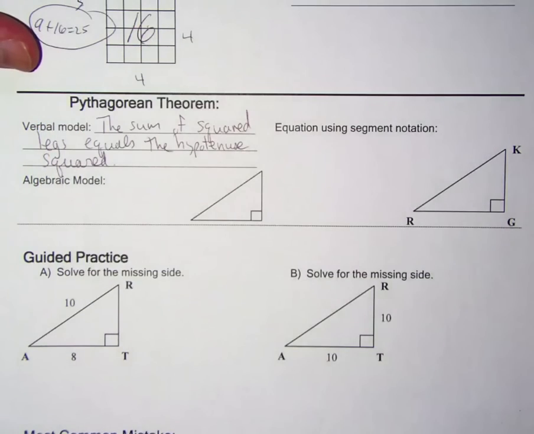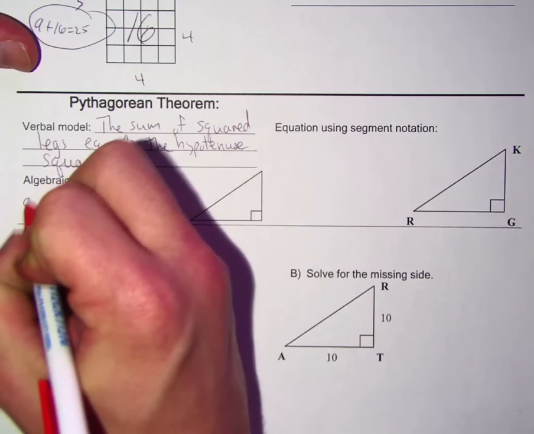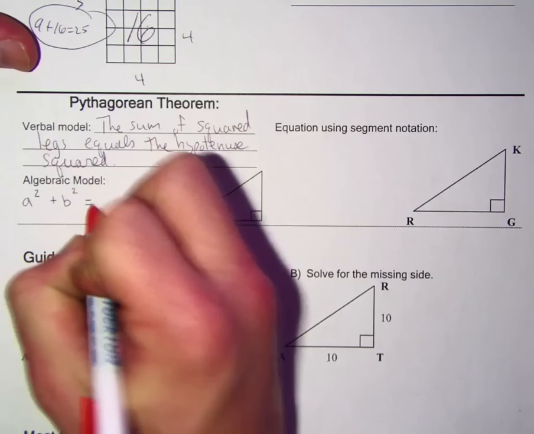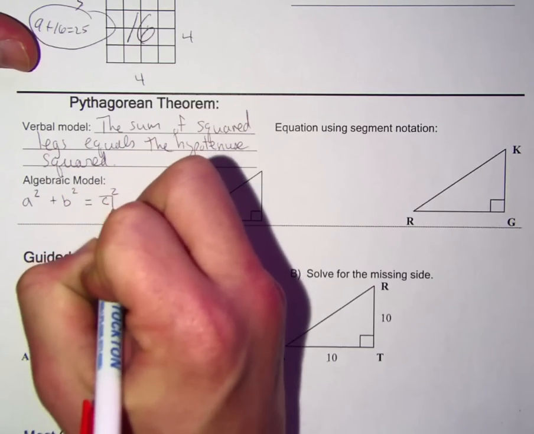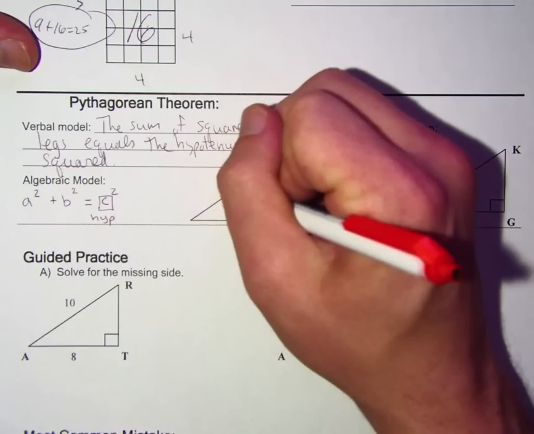What does that actually look like? Well, that would be a squared plus b squared is equal to c squared, where c is the hypotenuse. So c is going to be right here.